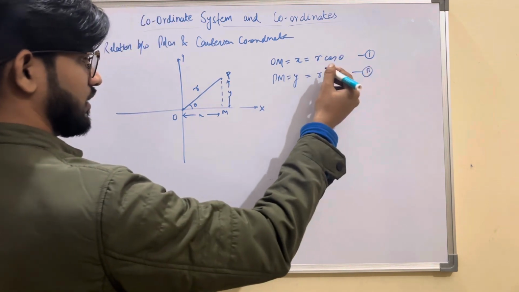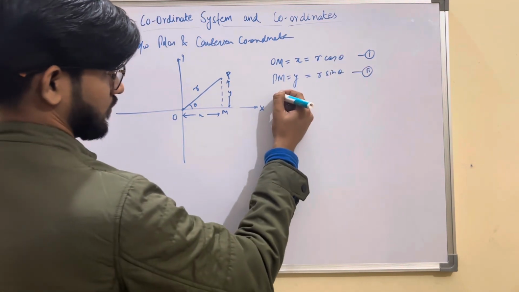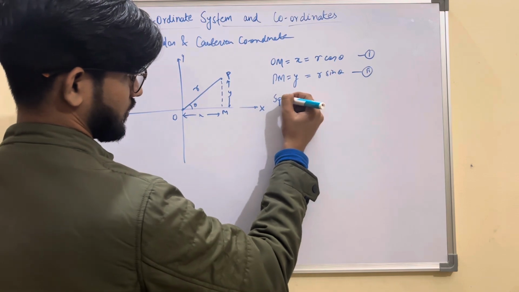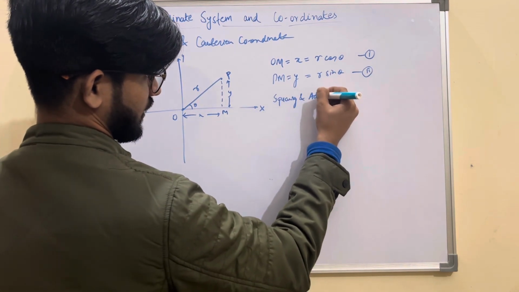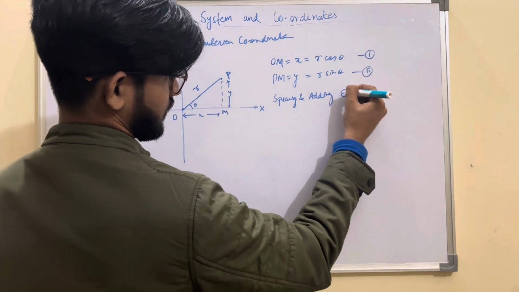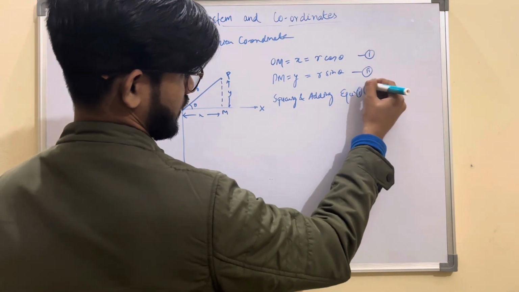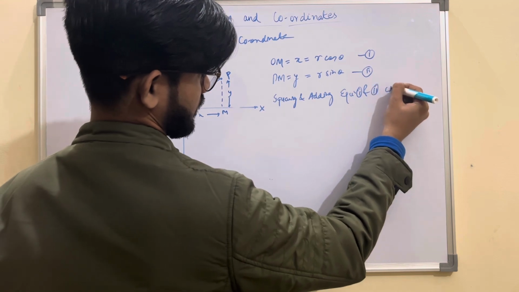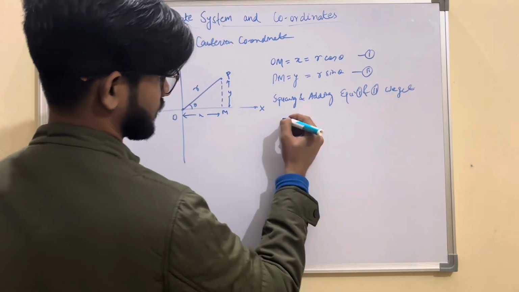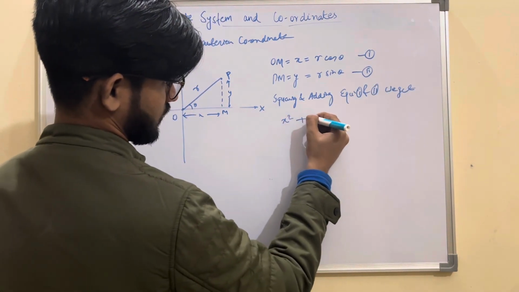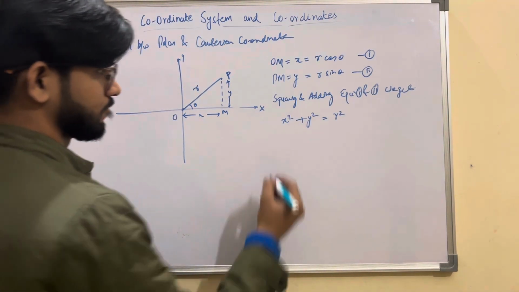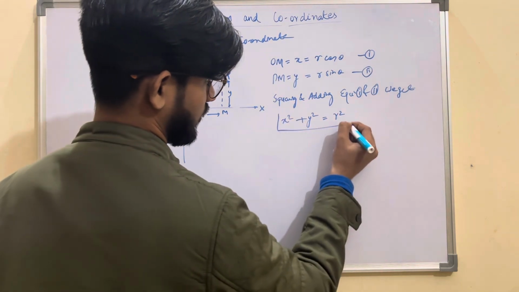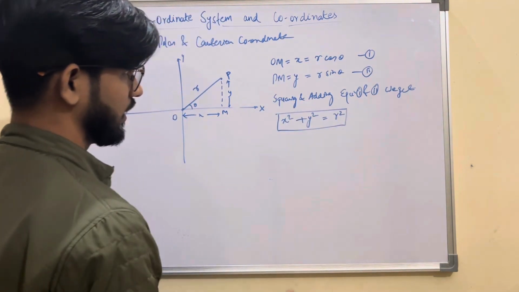If we square and add equations 1 and 2, we get x square plus y square equals r square. One relation we found between x, y and r.